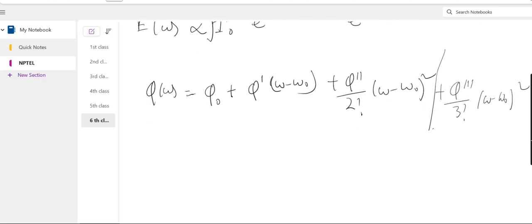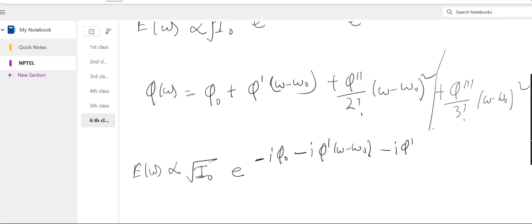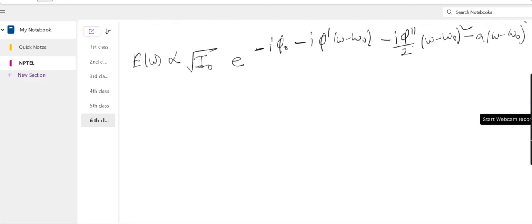So basically E omega became I naught e to the power minus I phi naught minus I phi dash omega minus omega naught minus I phi dash dash by 2 factorial, or 2 is the same thing, omega minus omega naught square, minus A omega minus omega naught square. Okay.